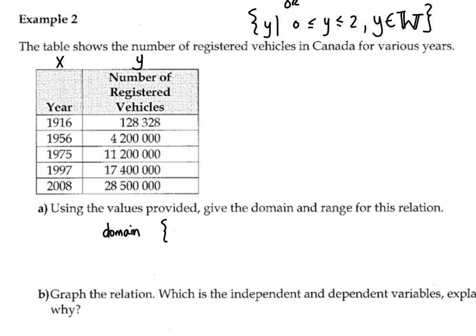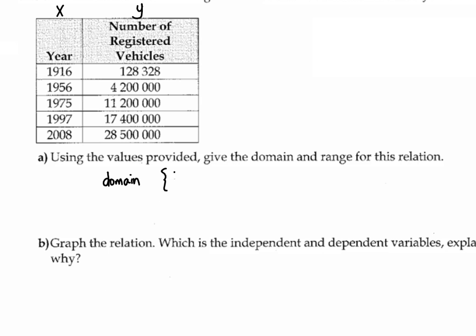If we're talking about year and number of registered vehicles, and we're given a list of data, we could just list those points. So our domain would be 1916, 1956, 1975, 1997, 2008. What's our range?